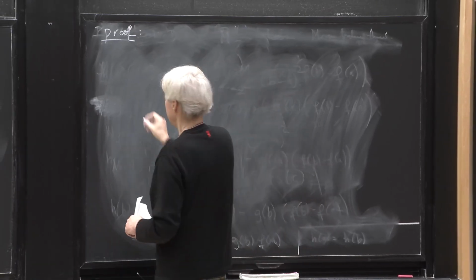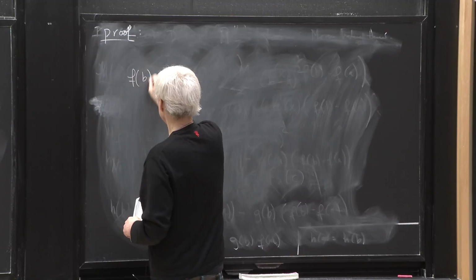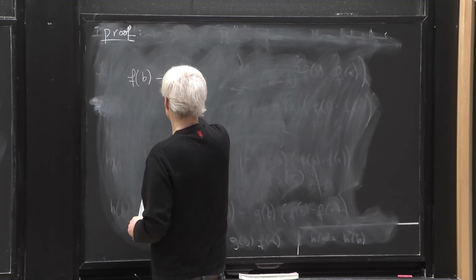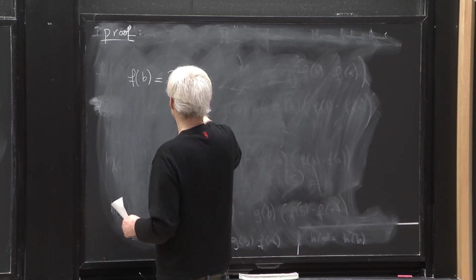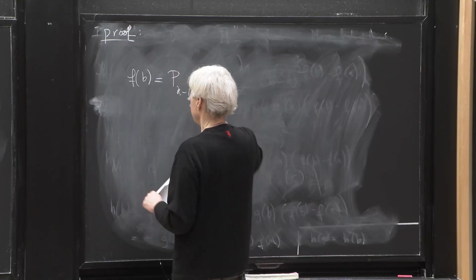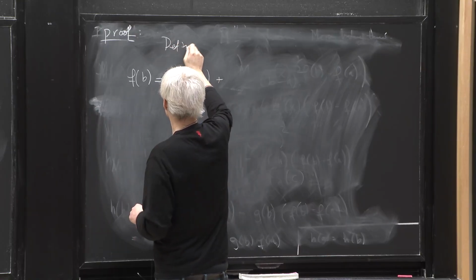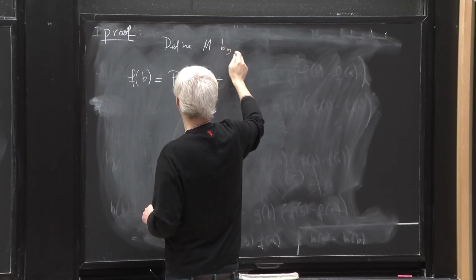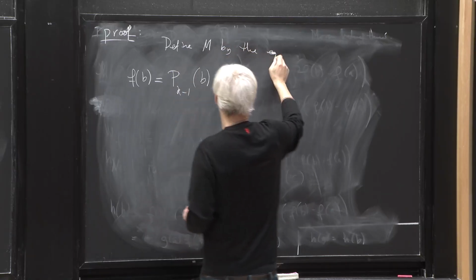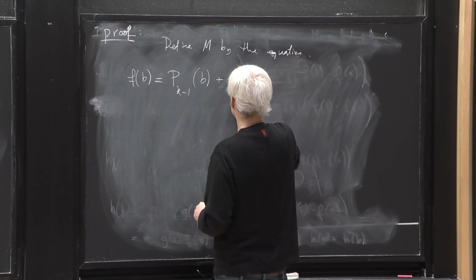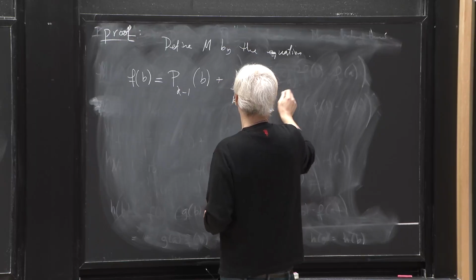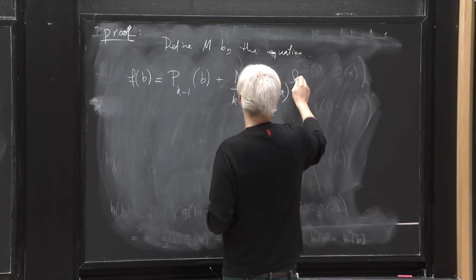So you're looking at f of b minus the Taylor polynomial, the k minus 1 Taylor polynomial. And you define m by the equation that this here is m over k factorial times b minus a to the power k.